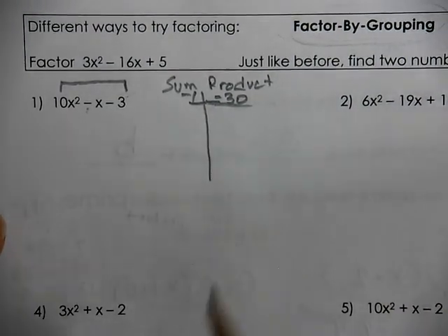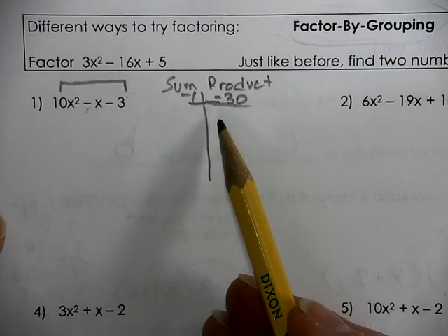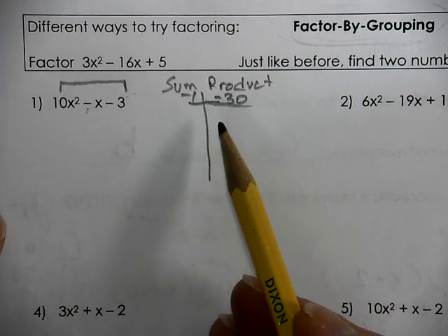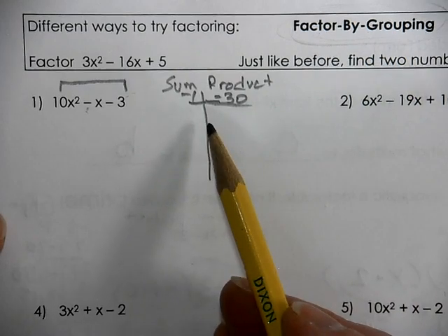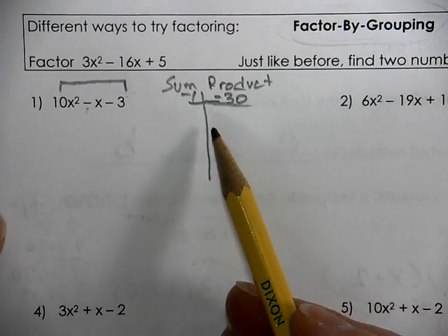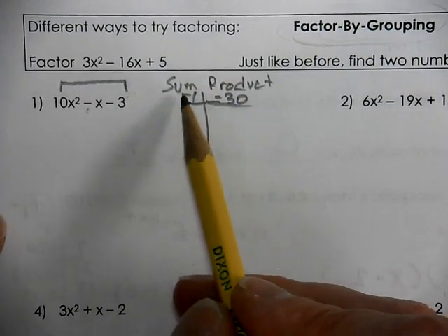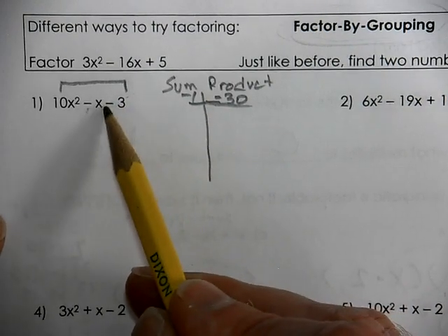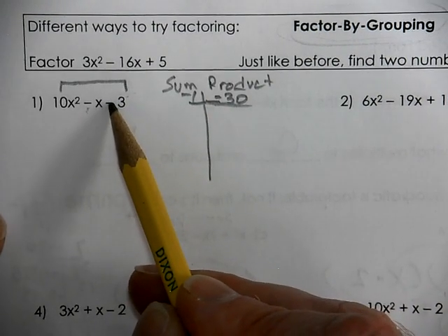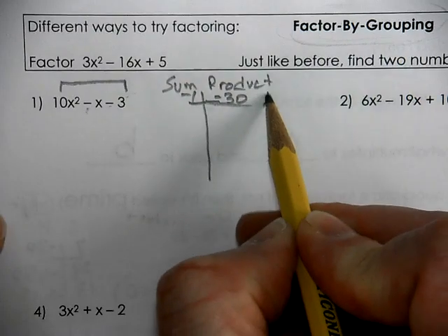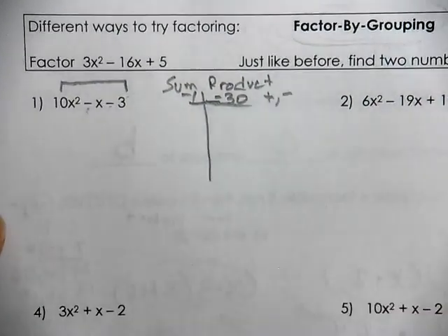If you know what the answers are, write it down. You don't have to make this list if you know what your factors are. If you're not sure, then you want to start making some decisions. This is negative, so to be a negative, you know your two signs have to be opposites.